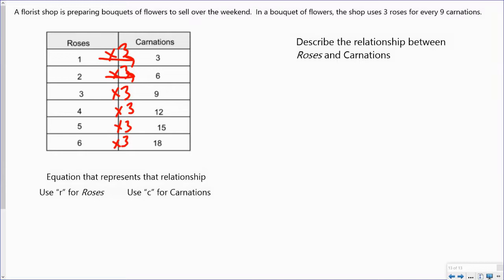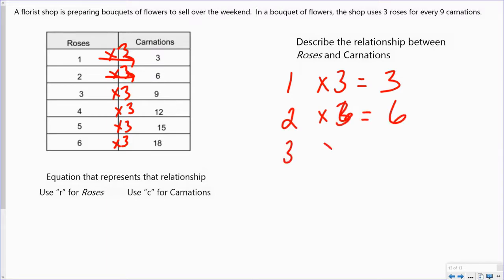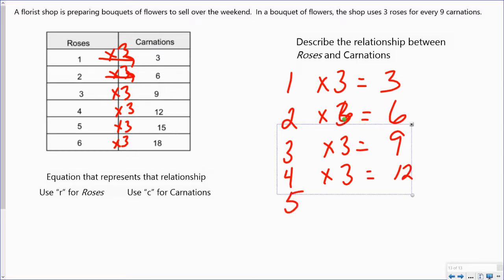So now when I look over here, I'm taking 1 times 3 gives me 3. 2 times 3 gives me 6. 3 times 3 gives me 9. 4 times 3 gives me 12. 5 times 3 is 15, and 6 times 3 equals 18.